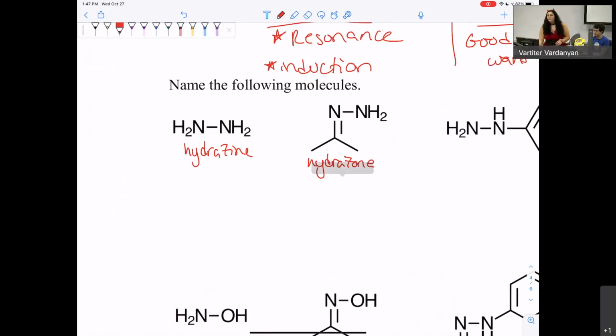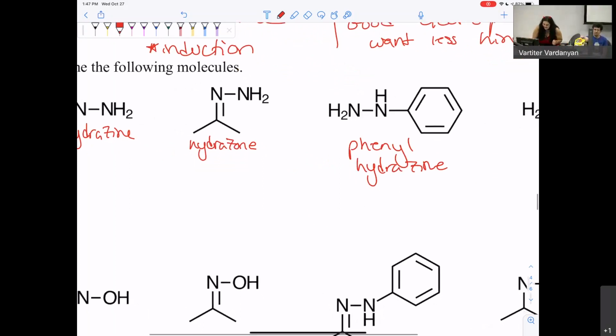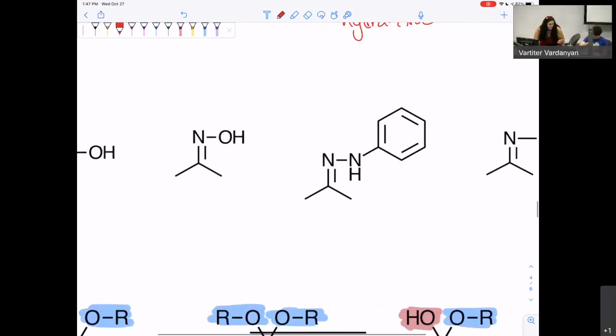There's only going to be one specific reaction that has something coming off of the hydrazine, and that's specifically this guy. This guy is phenylhydrazine. What do you think the phenylhydrazine could possibly make? Phenylhydrazone, yay! And that looks like this. Ta-da!